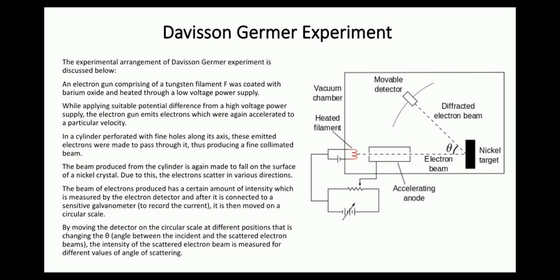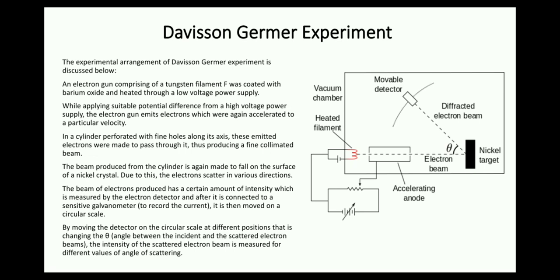Davison and Germer experiment. Now the experiment arrangement is shown to you on the right hand side. Here an electron gun comprising a tungsten filament F coated with barium oxide is heated through a low voltage power supply.